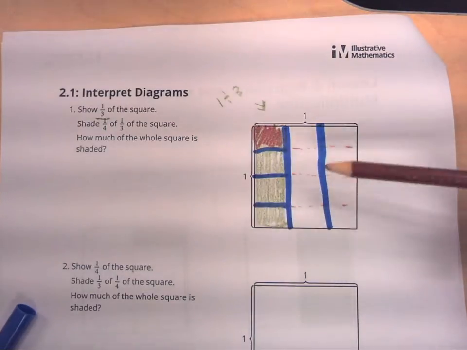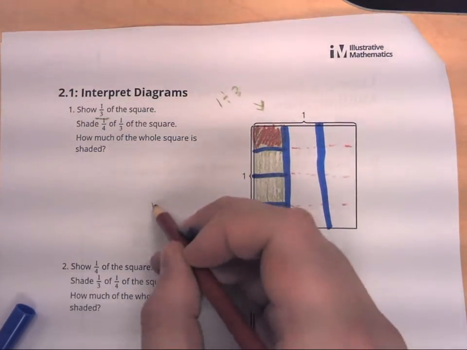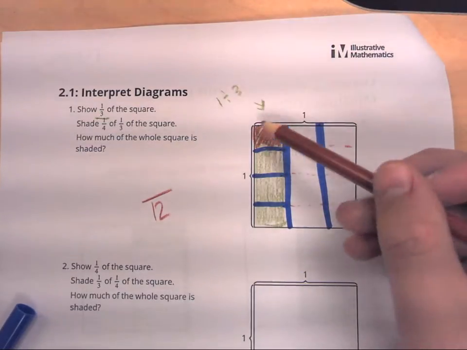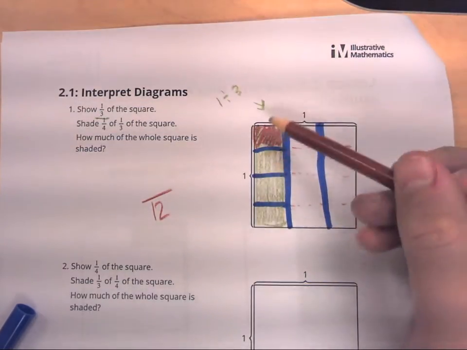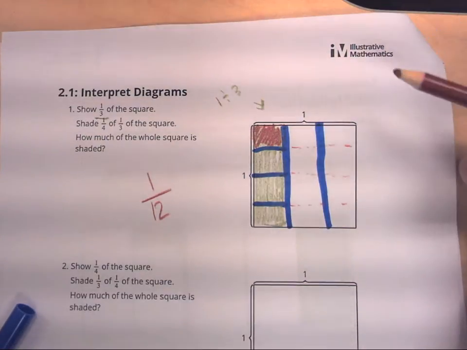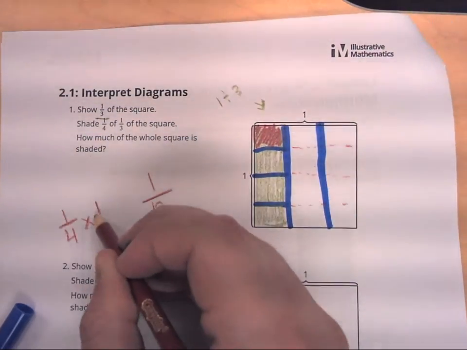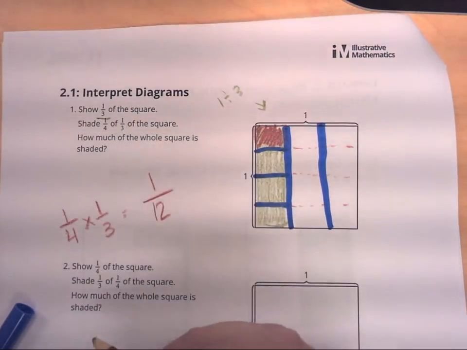So that tells us that our denominator is going to be 12, and then since we are only concerned with 1/4 of this third, the numerator would be 1. So in other words, 1/4 times 1/3 equals 1/12.